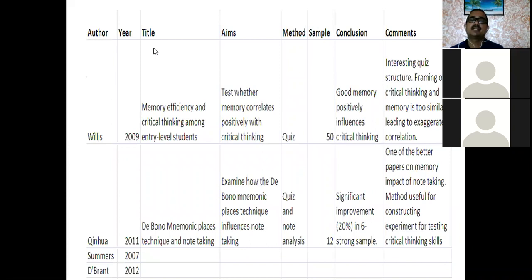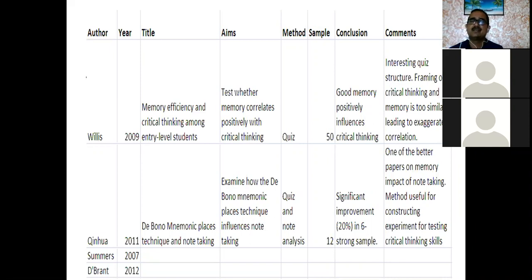Author, year, title, aims, methods, samples, conclusion, and your comment. This is not a model to write in your research report, but this is for you only as a researcher.